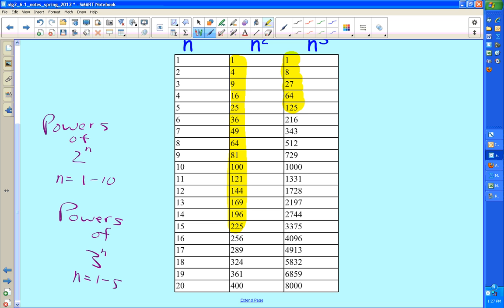If you know the first 10 powers of 2, great. The first 5 powers of 3 are great. These are numbers squared, n squared up to 15 squared. And this is the numbers cubed. These and these are different. Any questions on this?